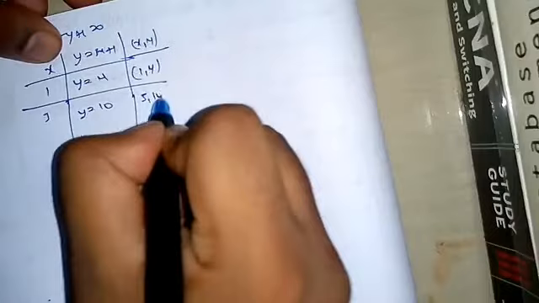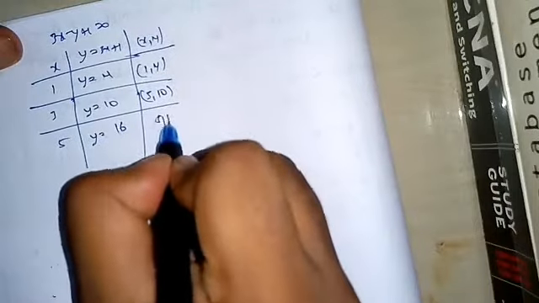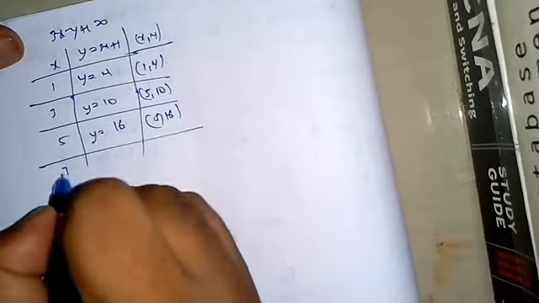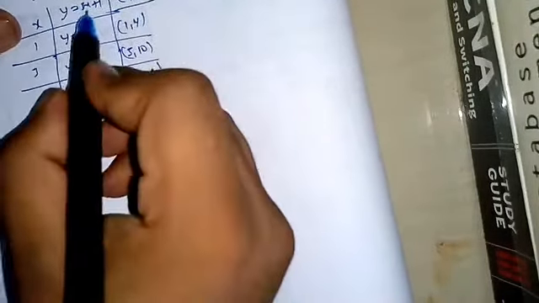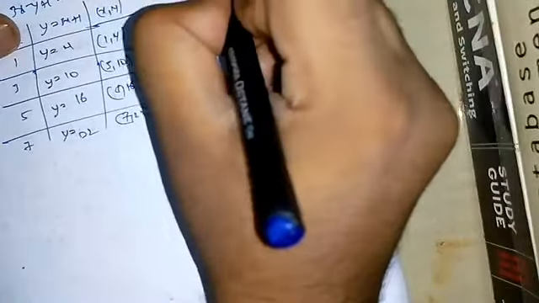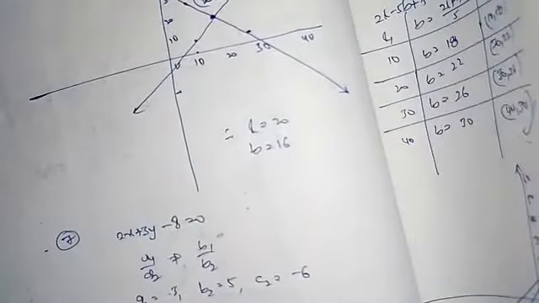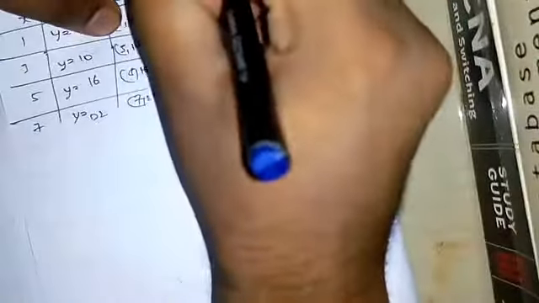So 3 comma 10. For x equal to 5, y will be 5 3s are 15, 15 plus 1, 16. So 5 comma 16. For x equal to 7, y will be 7 3s are 21, 22. 7 comma 22.